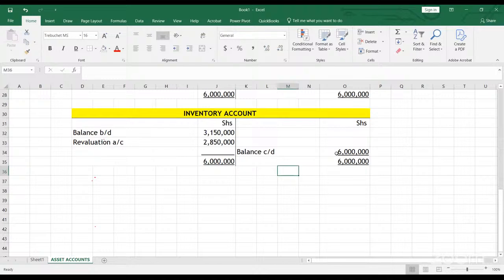Then the balance carried down is how much? 4,050,000. Gain or loss? It's a gain.